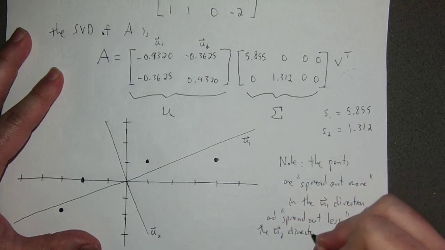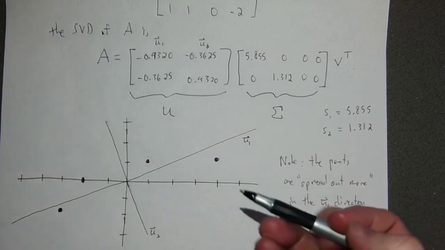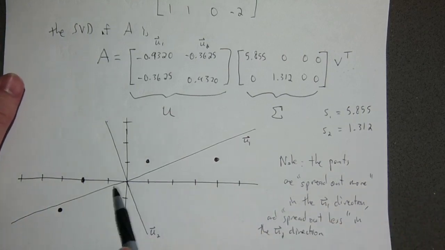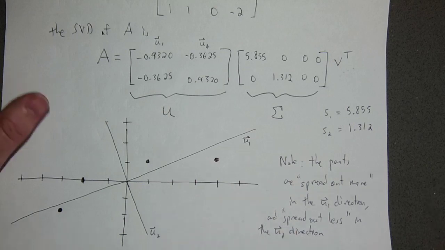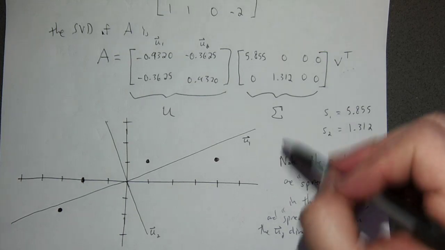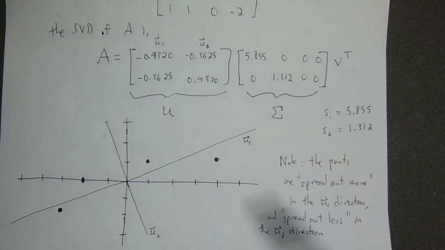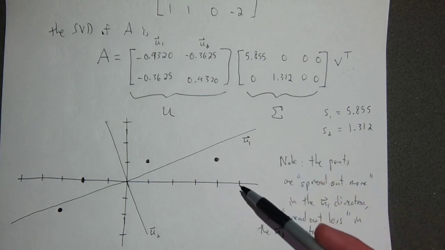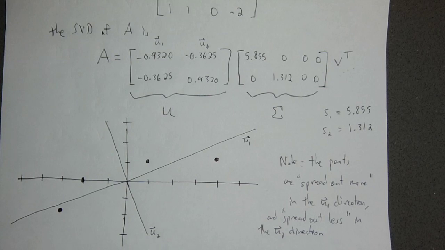Now, in this particular case, it happened that in the u sub 2 direction, they're actually not spread out very much at all. They're pretty close. That's not what happens typically. Typically, all that I get out of this analysis is that they're spread out the most in the u sub 1 direction, and maybe they're spread out a bunch in the u sub 2 direction. They're just not spread out as much as they are in the u sub 1 direction. So that's the main point.